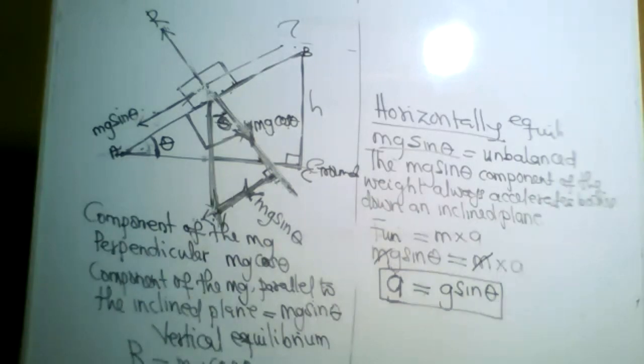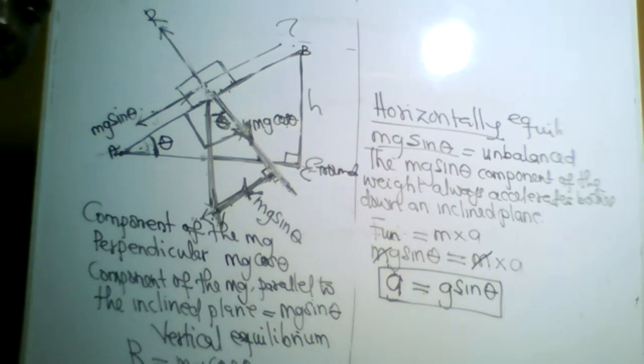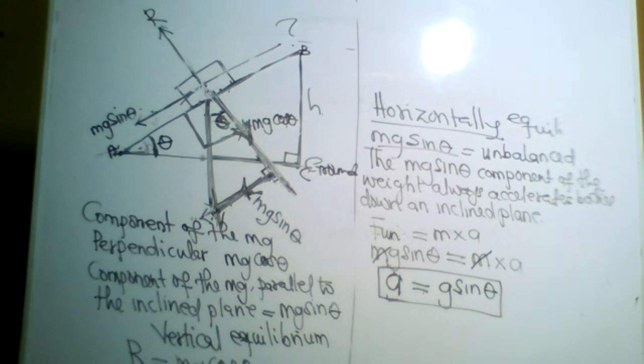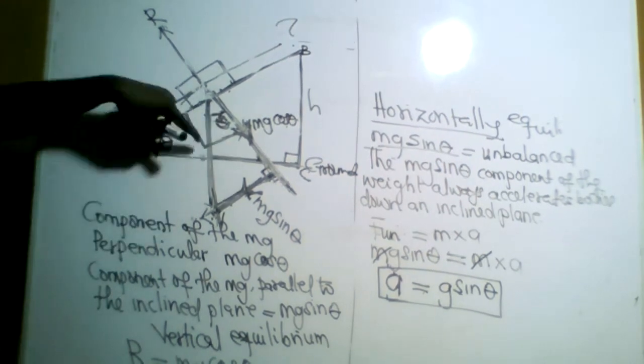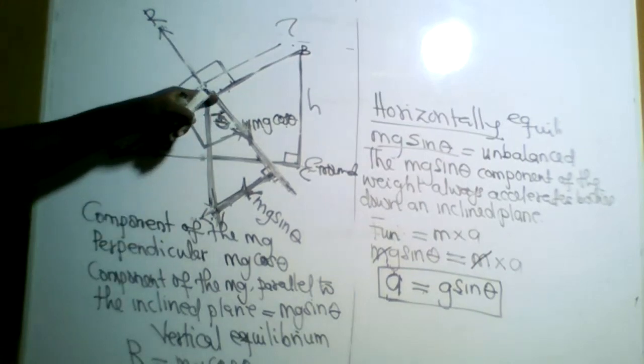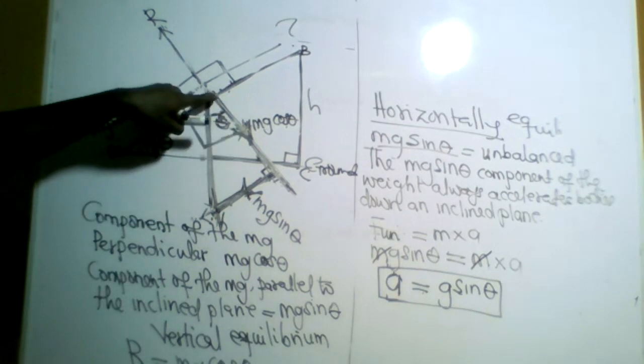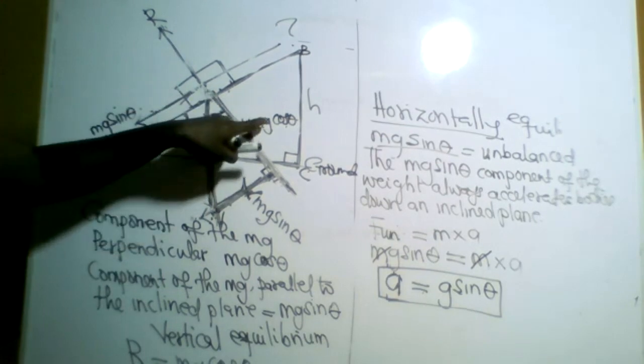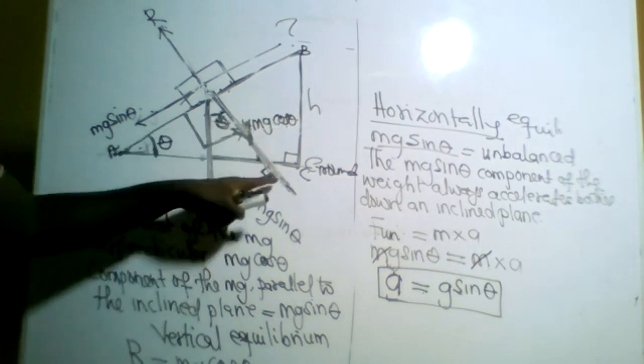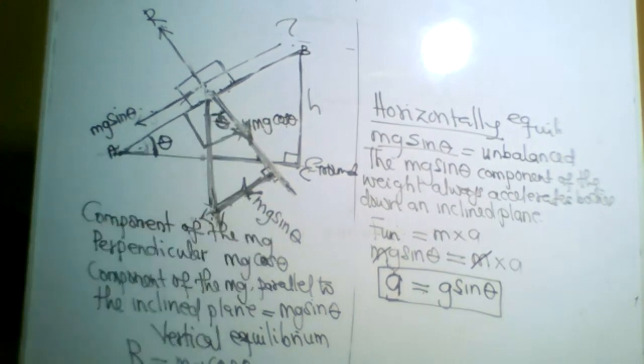You created a cos theta for the R, so can you also create an opposite end for the sin theta? Okay, we resolved the weight mg and saw that one component is mg cos theta, and the opposite component is mg sin theta.